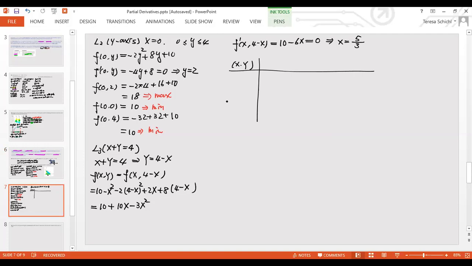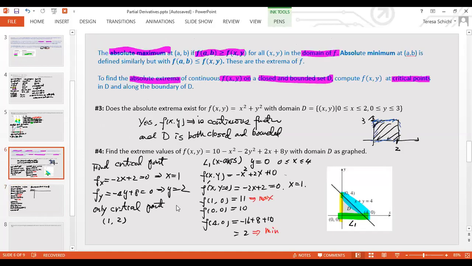Okay, so let's take a look at the line 1, 1, 2, right? So x equals 1, 2 here. And did we get the 1, 2 here? Let me see, where is the 1, 2?